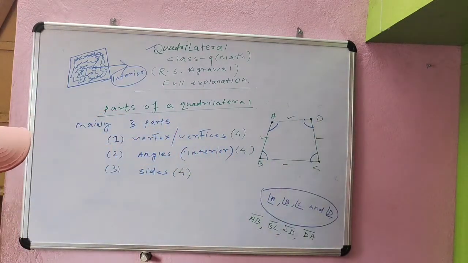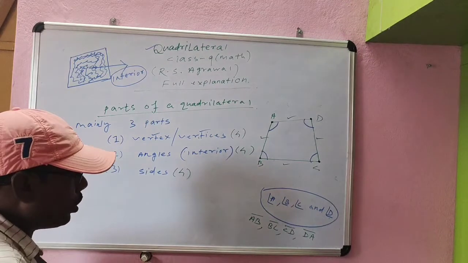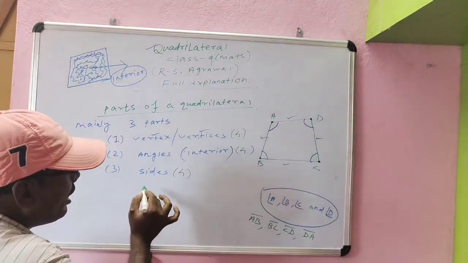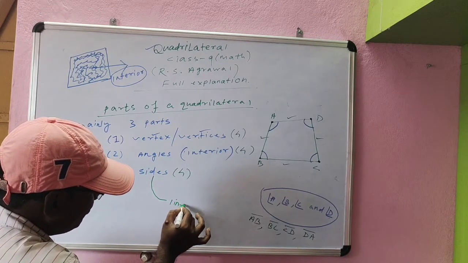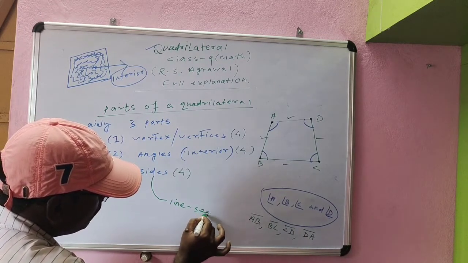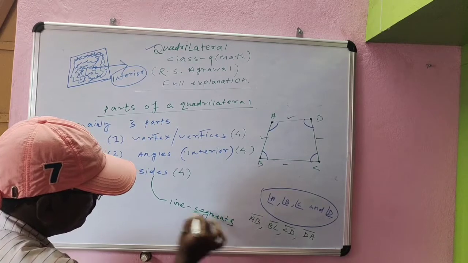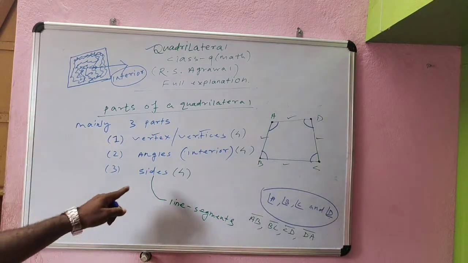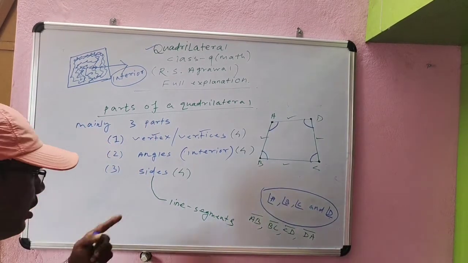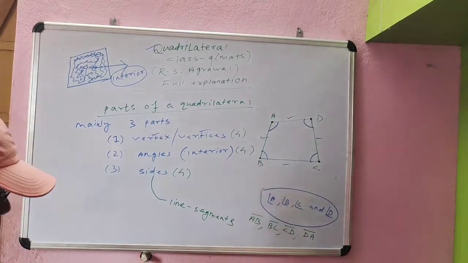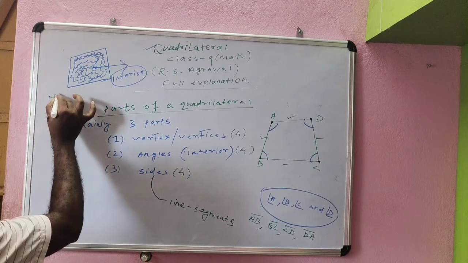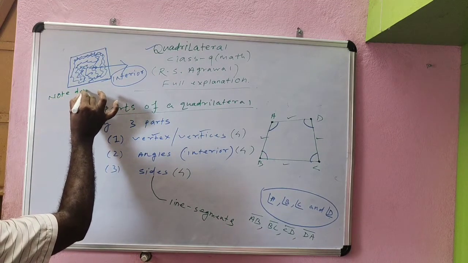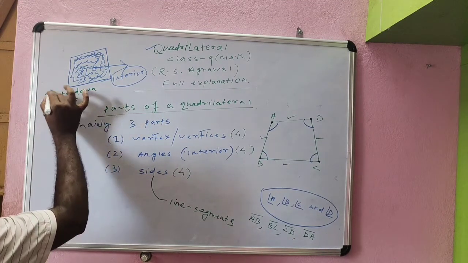So in this way, there are 4 sides in all. Sides means line segment. So totally 4 sides are in a quadrilateral. So note it down.